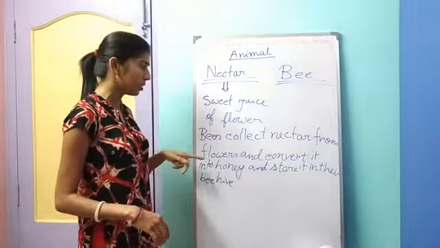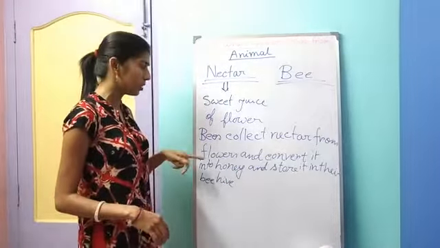Because some of the plants will give their flower throughout the year. That's why they are keeping it, so that they can get it throughout the year and take it as their food.